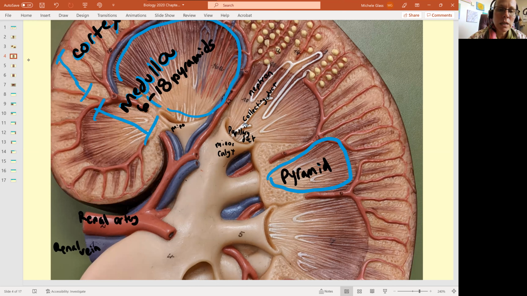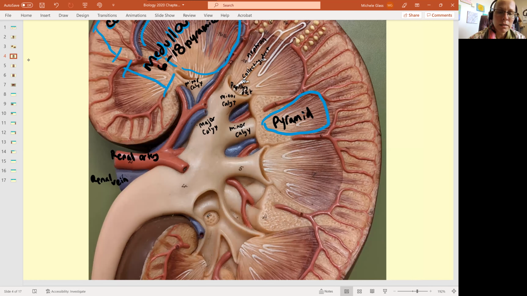And we'll see that the minor calyx is basically at the end of the pyramid. So the point of the pyramid is pointing down into that minor calyx, and then we will see several of these minor calyxes feed together into a single major calyx.